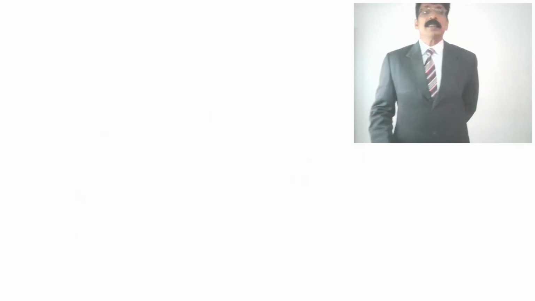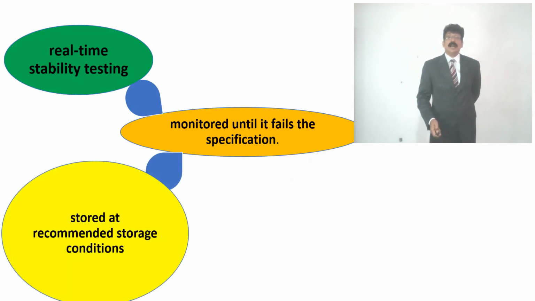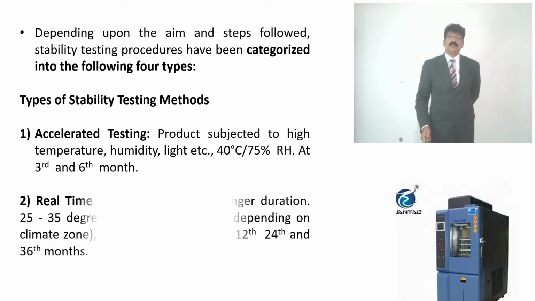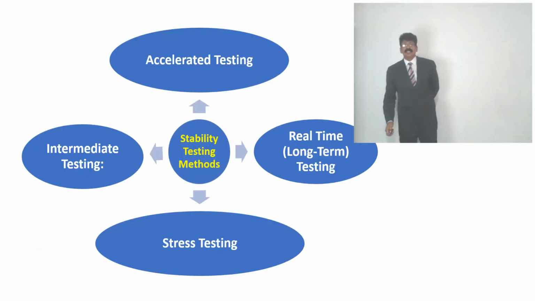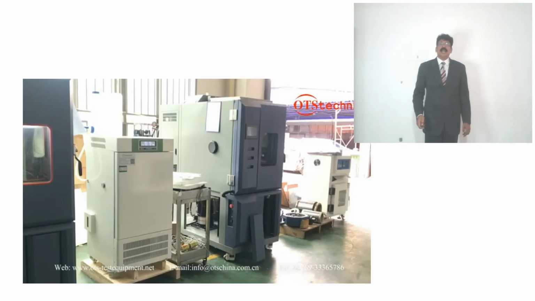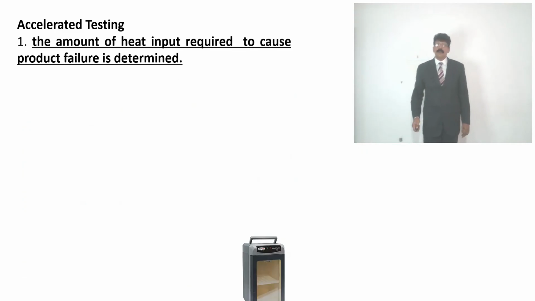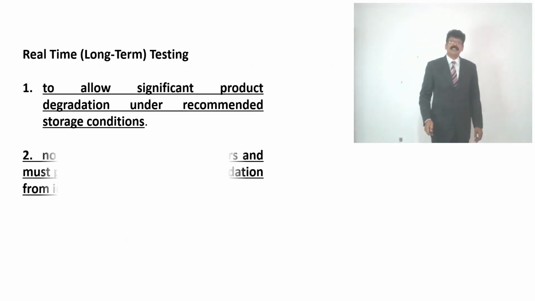Before the markers, I would like to say something about the factors affecting stability. In the last class we discussed all the testings, and then came to stability testing: accelerated, real-time, stress testing and intermediate testing. We showed a video and went into detail about accelerated testing, real-time testing and stress testing.